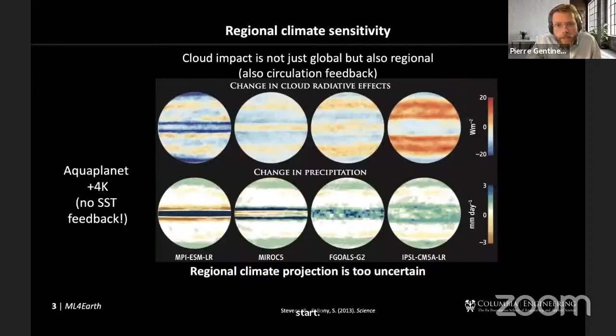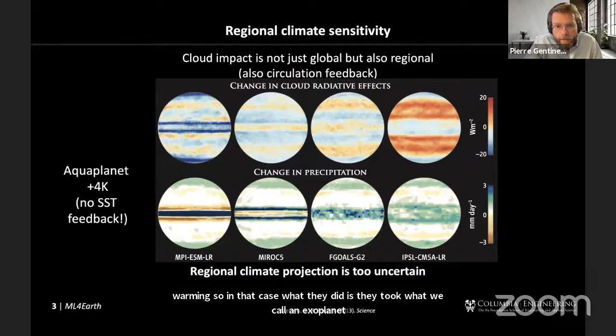It's not just a global issue that we have here, it's also very much at the regional scale. That's some really nice work also by Sandrine Bony and Bjorn Stevens, looking at the impact on regional radiative effect and precipitation for 4 degrees of warming. In that case, what they did is they took what we call an aquaplanet, so just ocean everywhere.